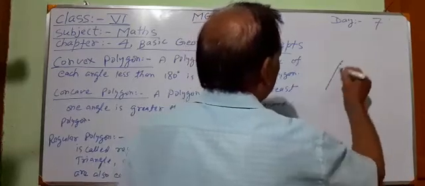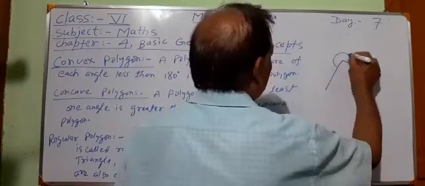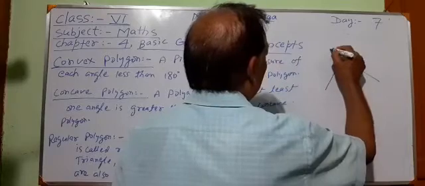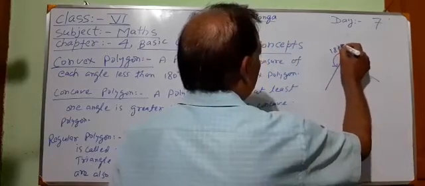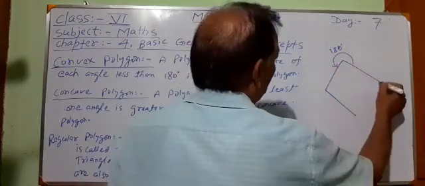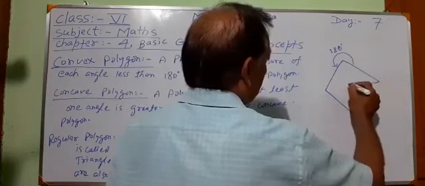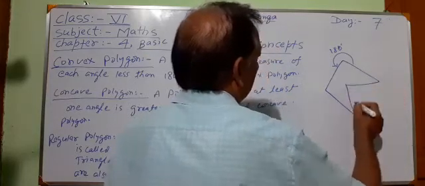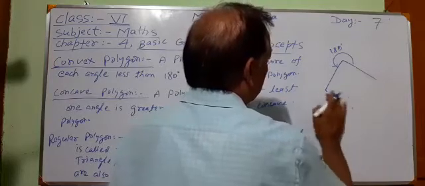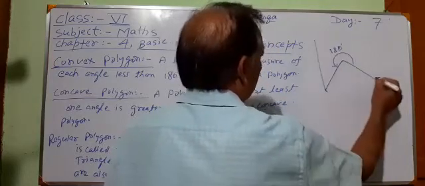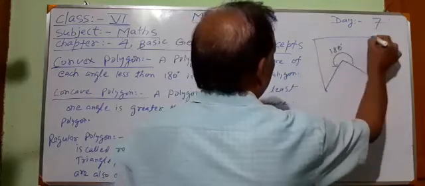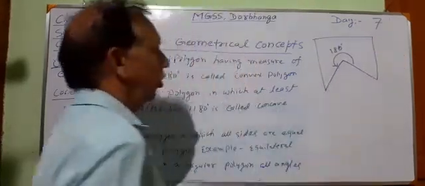You draw this angle more than 180 degree and then draw a polygon. This is a polygon.